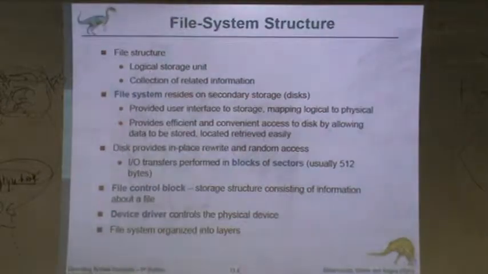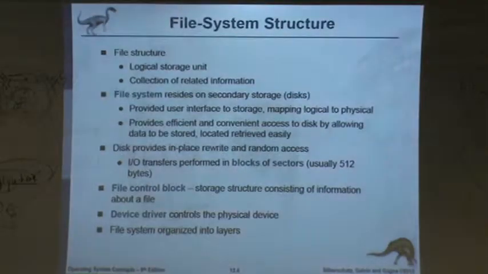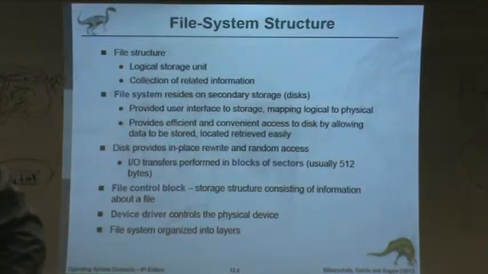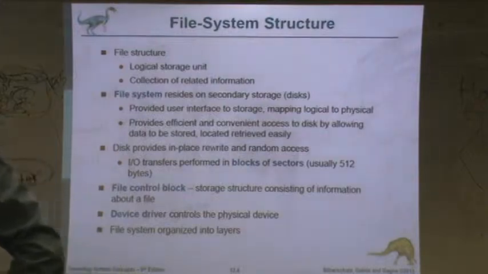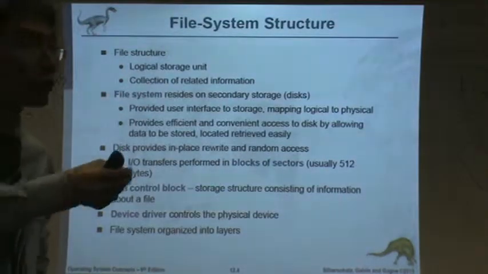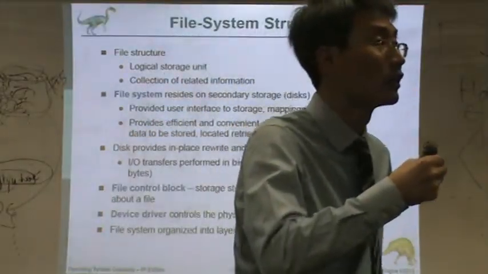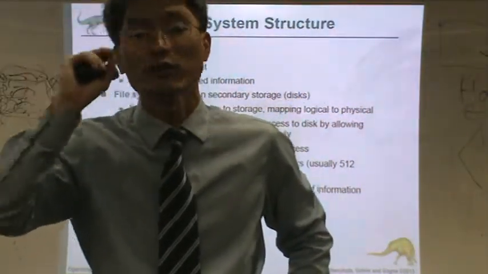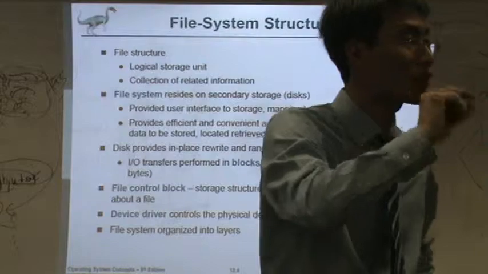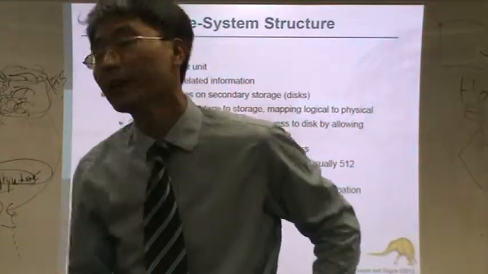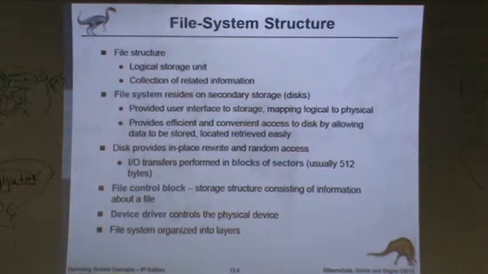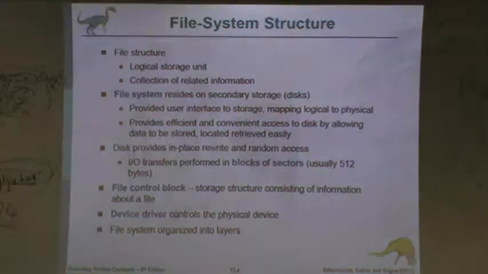However, even if you use memory as a file system, that doesn't mean the file structure is changing. You still use the file structure for your memory file. So the file system still resides on secondary storage or disk.